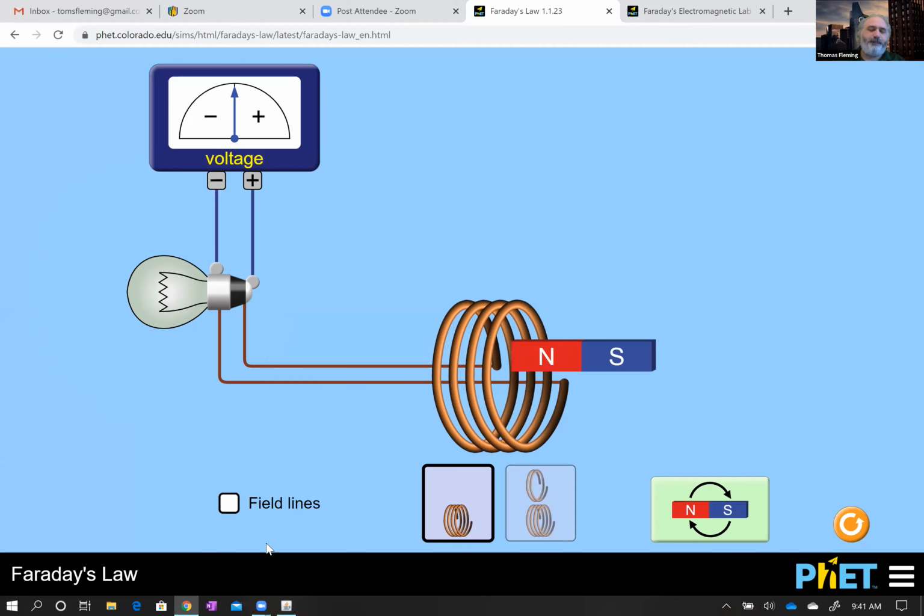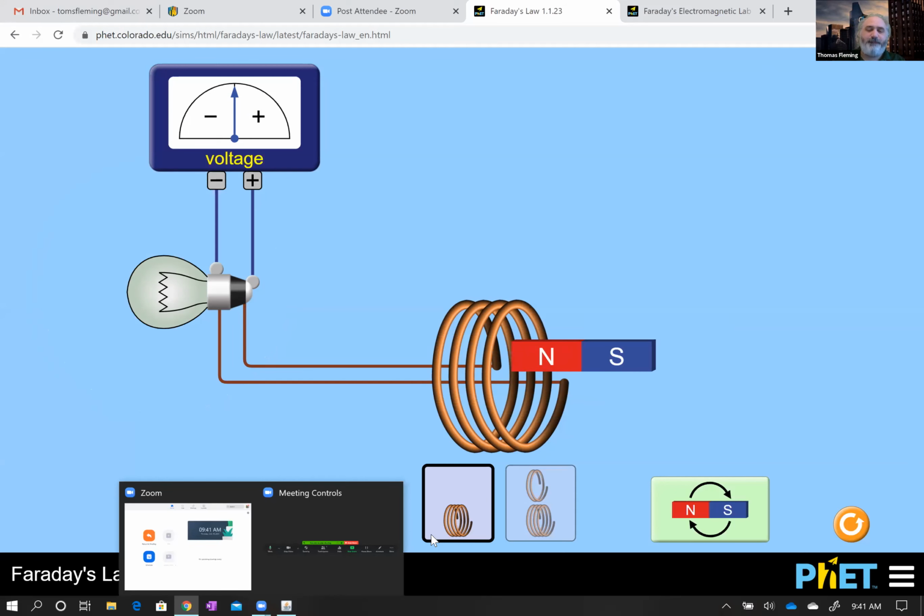And the way we'll do that, let me switch back to the document camera for a moment. Oh, that was me. Let's not do that.